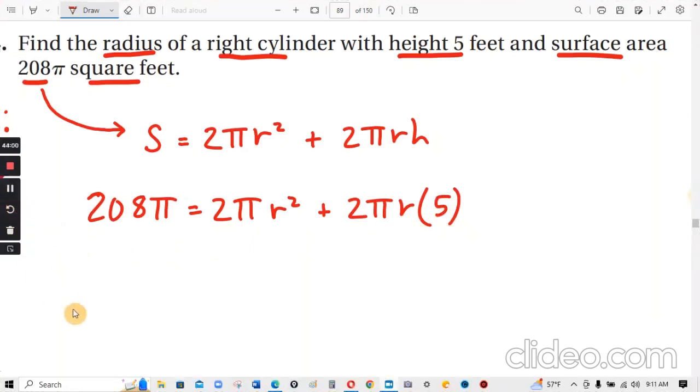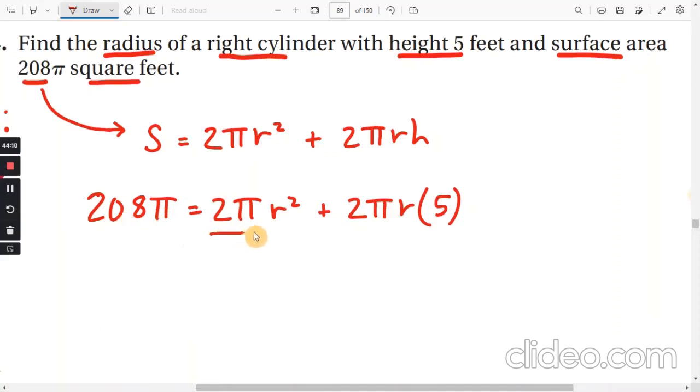Now, there's a few ways to do this, but since we have 2 pi and 2 pi, and we have a pi here, and this is even, I am going to divide both sides by 2 pi. All right, this will get rid of a lot of stuff and make it easier.